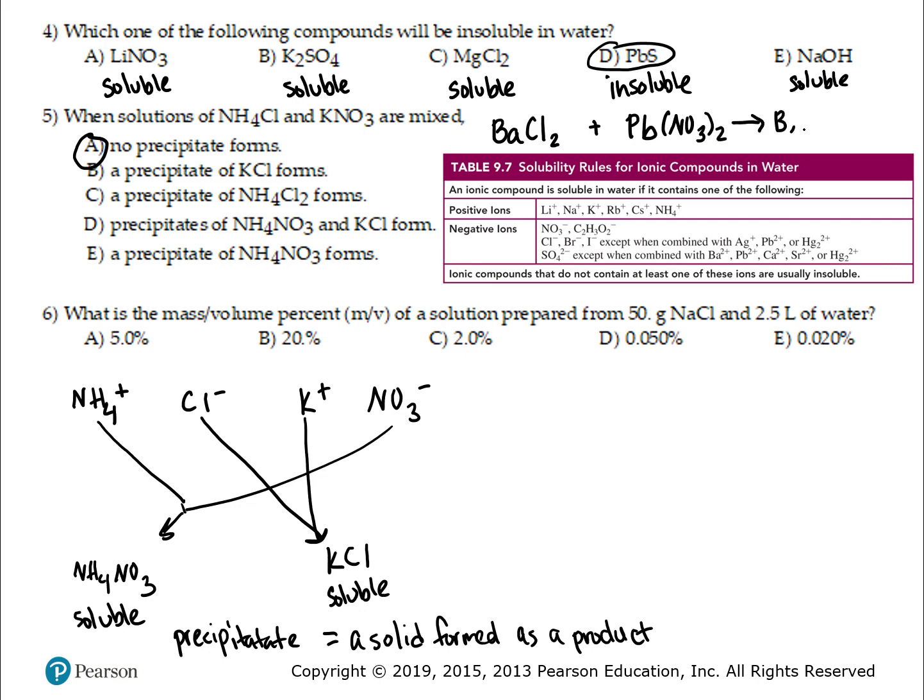Then you would form barium nitrate and lead 2 chloride. Lead 2 chloride is insoluble, so it would be a solid, and a precipitate would form. Yes, another question? Yes, you will not need to memorize it. You're welcome.